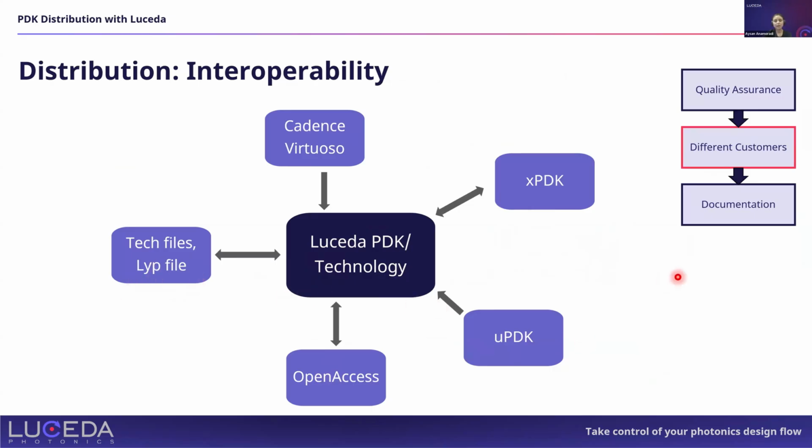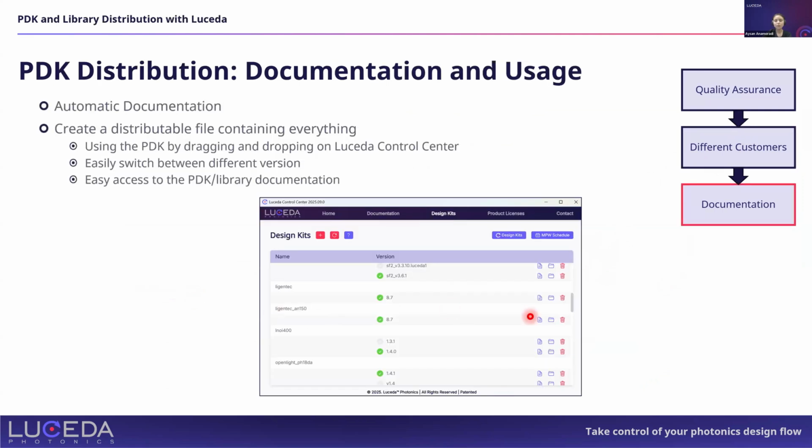And then finally, you need to also generate the documentation of your PDK. So with Luceda, you can generate the documentation automatically. It will go through all the information in your PDK and files and generate a PDF file. And you can choose to generate a PDF file for the documentation or represent your documentation in an HTML format.